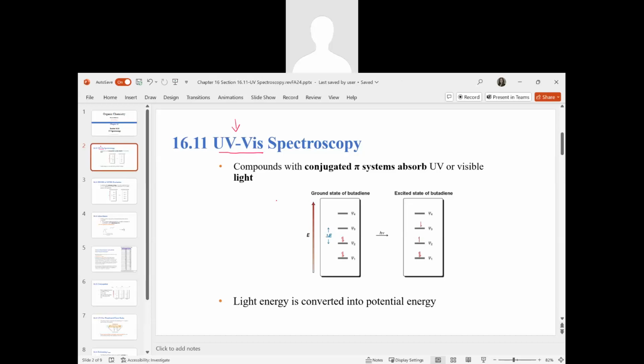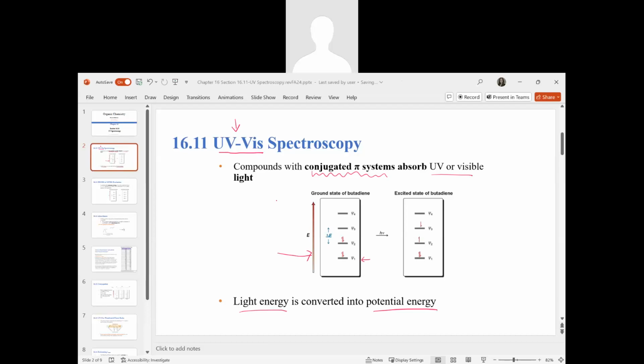This type of light, UV or visible, generally would provide enough energy so that conjugated pi systems, like we've been talking about in this chapter, can absorb this light energy, and this light energy is then converted into potential energy. What we see here is butadiene's ground state. The 4 pi electrons in butadiene are distributed in this fashion.